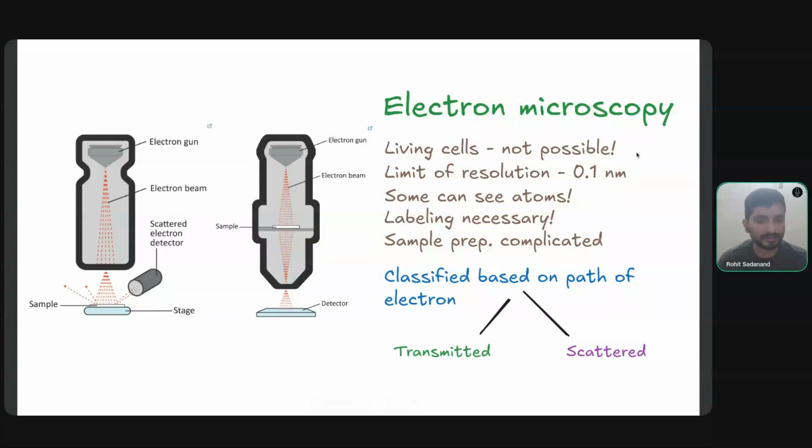So the transmitted electron microscopy works the same as the transmitted light microscopy, whereas scattered electron microscopy works more like the way we look at objects in our room with our naked eye. So you bounce electrons off of the sample, and then you collect those bounced off electrons and reconstruct what the object might be looking like with your computer.